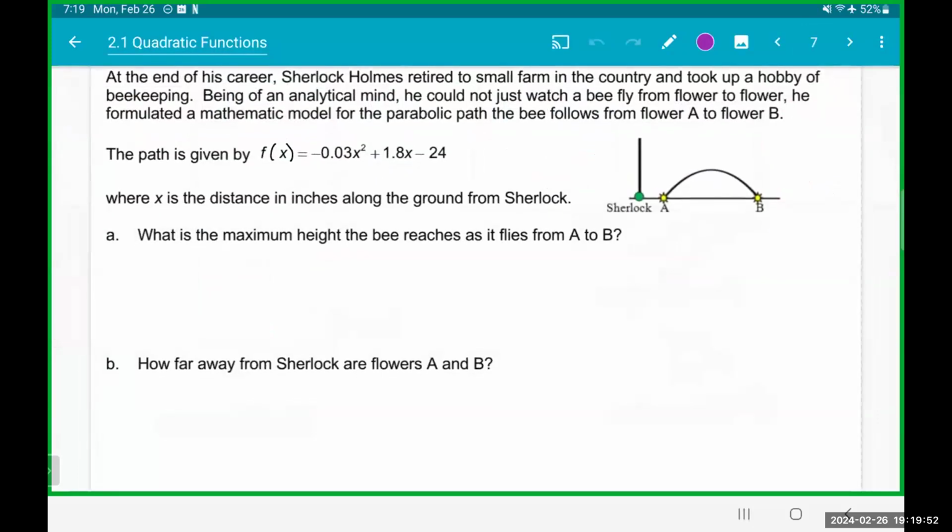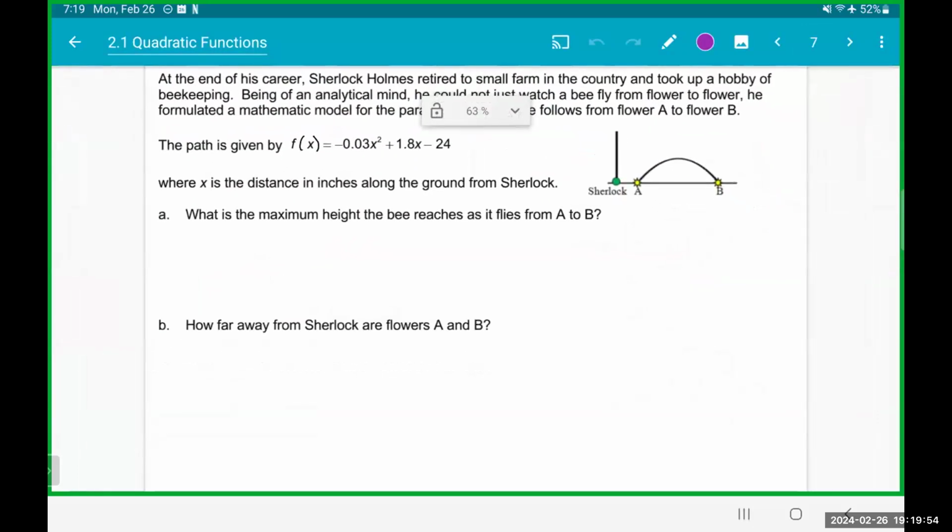It's always good to do a little bit of application problems because it helps us think through some of the terms and things that we're doing, in real world applications. At the end of his career, Sherlock Holmes retired to a small farm in the country and took up a hobby in beekeeping.